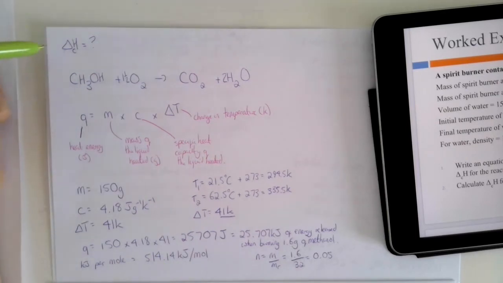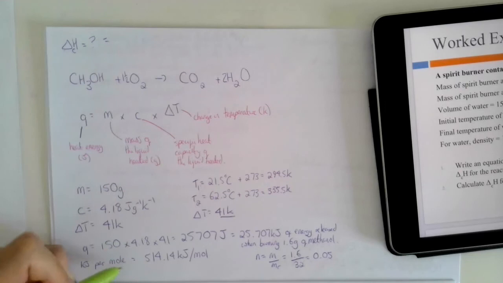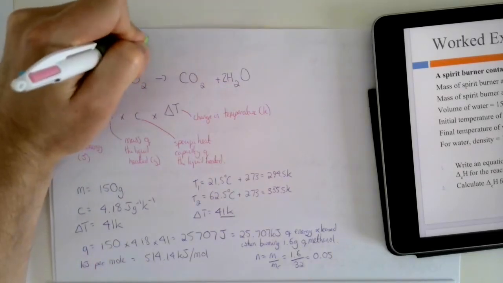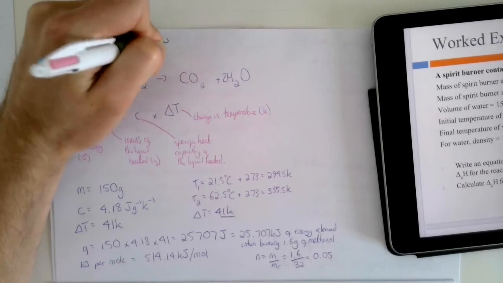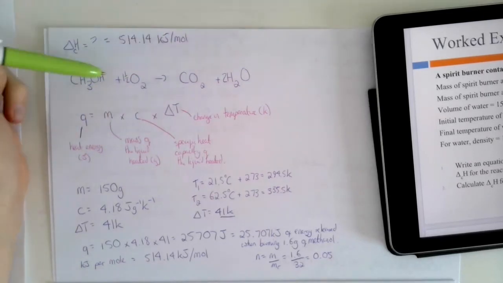Now I'll just take it into the context of my enthalpy change. The enthalpy change for the reaction in kilojoules per mole is 514.14 kilojoules per mole. And I now have to think, is this reaction exothermic or endothermic?